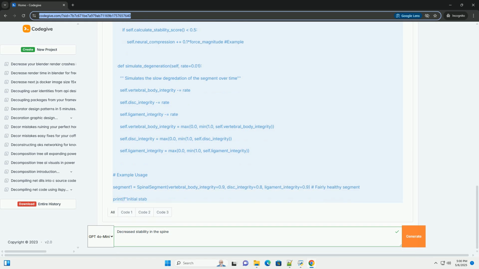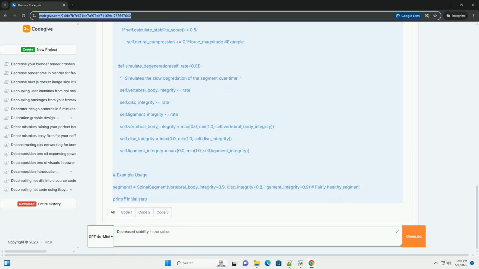This method simulates the application of a force to the spinal segment. The force reduces the integrity of the segment based on the direction of the force. This is also a massive simplification. 4. Simulate degeneration. This method simulates gradual degeneration of the spinal segment over time. This is, again, extremely simplified.